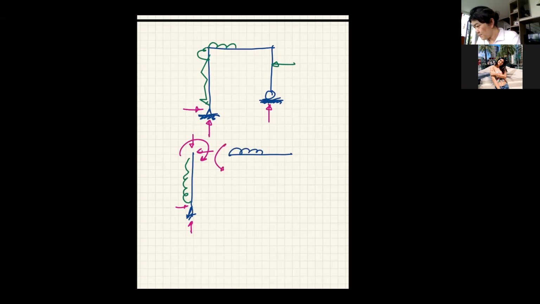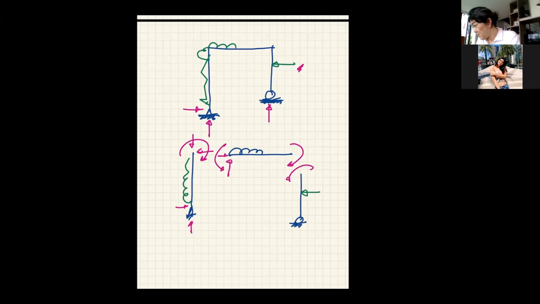So you'd have this, and then this. Because of the moment coming in from the point load on the side, you would have this here. And the last one is the roller, so that's a moment coming in, and that should counter the moment produced by that load.